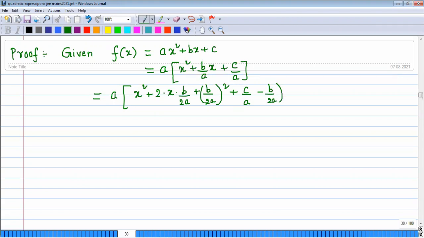So it makes no difference. Again, you will be getting the same function itself. If you observe, this is a square, 2ab plus b square, so this can be written in perfect square form.